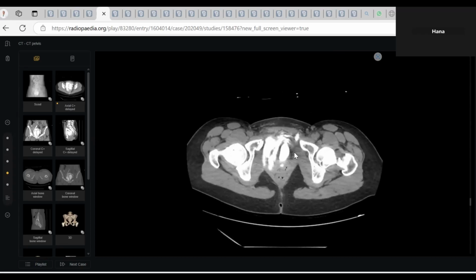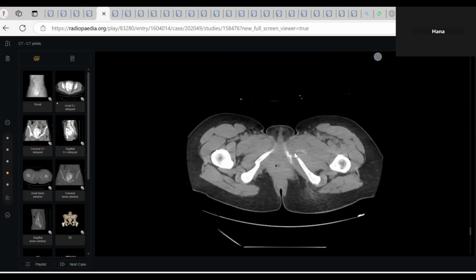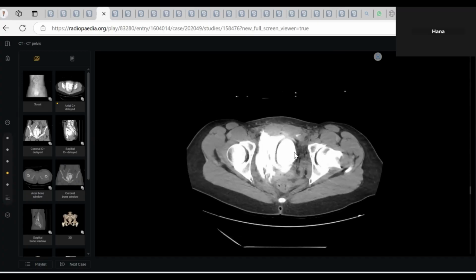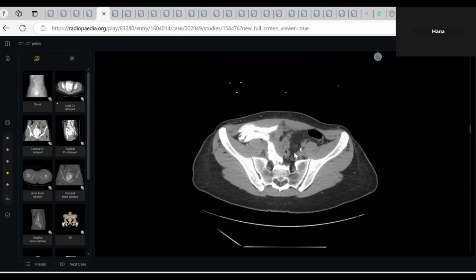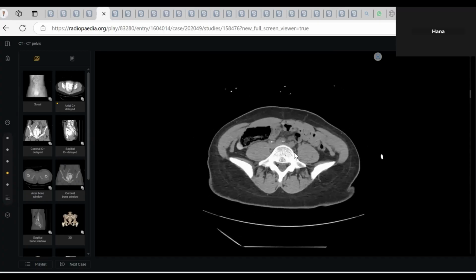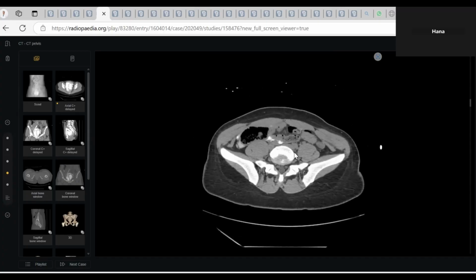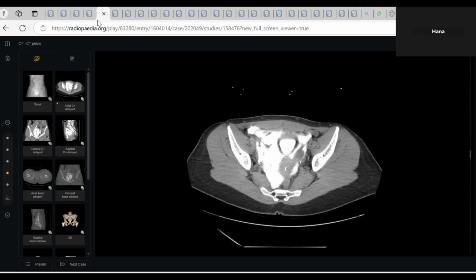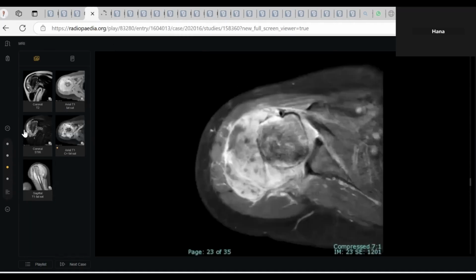So it's a mixed type: pelvic fracture associated with extraperitoneal bladder injury. The usual treatment of an extraperitoneal bladder injury is conservative, but in this case it should be surgical because there are multiple pelvic injuries.